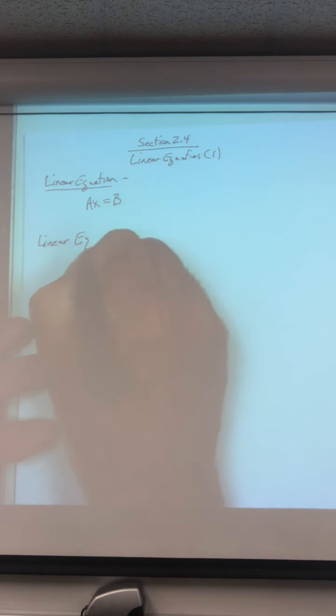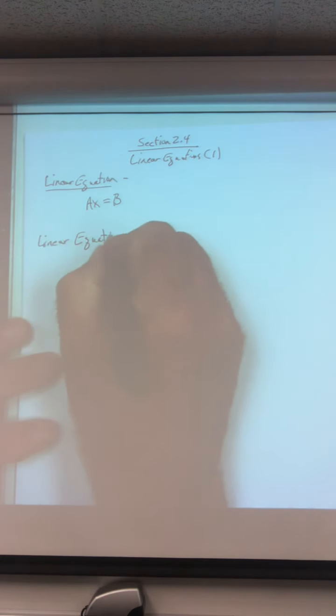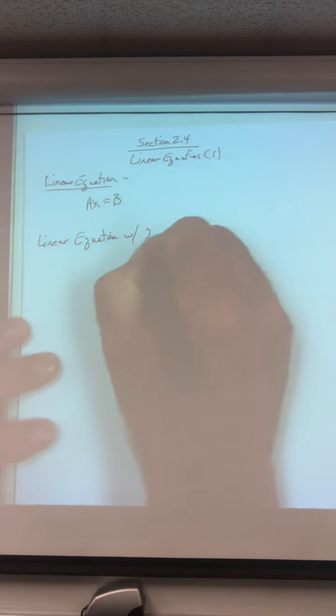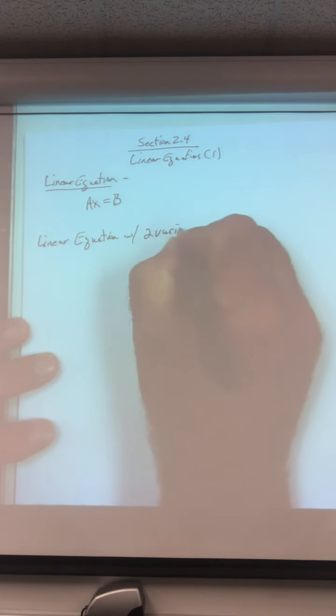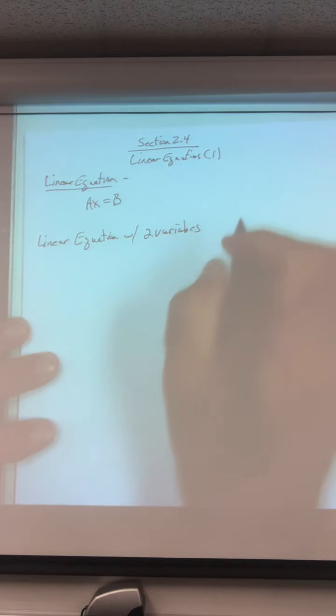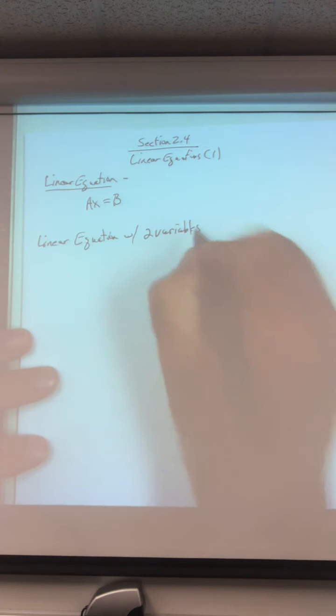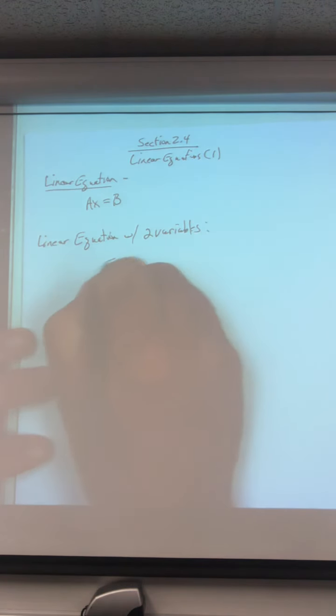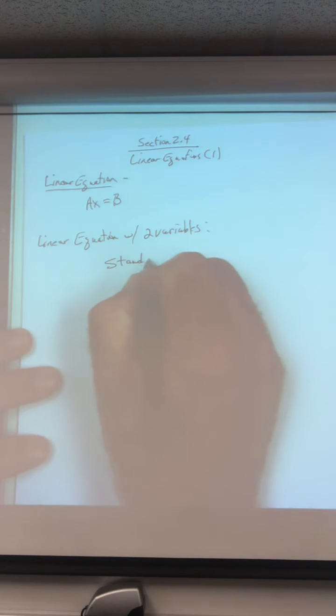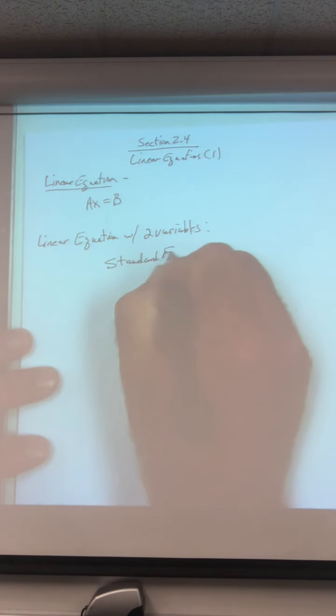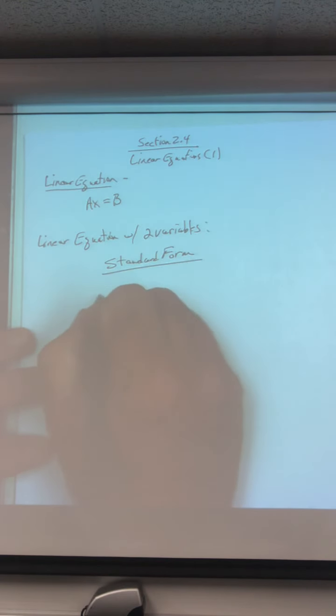So a linear equation with 2 variables. Standard form. Now, standard form is not that big of a deal with lines, but anyway.